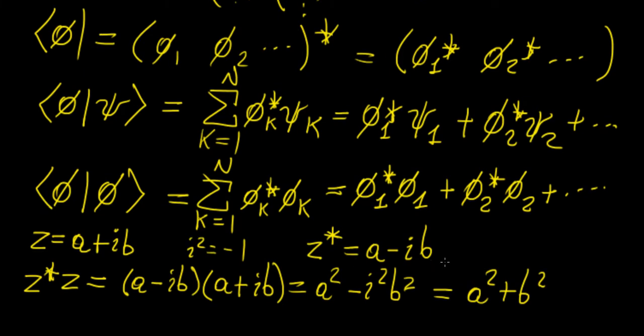Okay, but how do we associate this with anything remotely related to a probability amplitude? Well, the simple thing we do is we do the following. We know that the magnitude of a complex number is simply the square root of the square sum of its elements. So we have the real part, the imaginary part, but they're both real numbers.